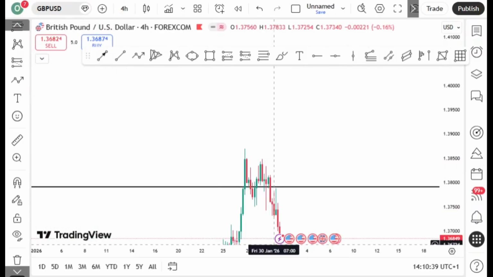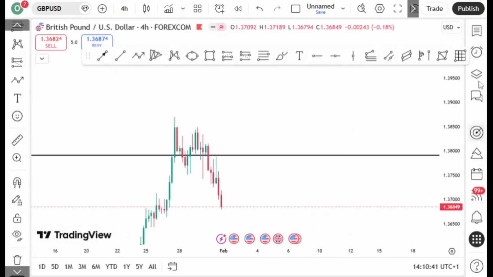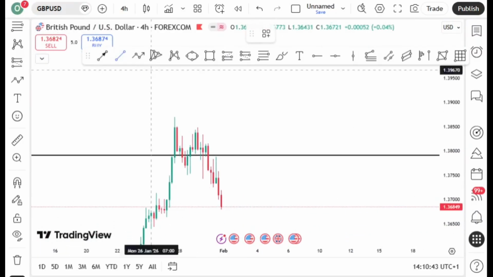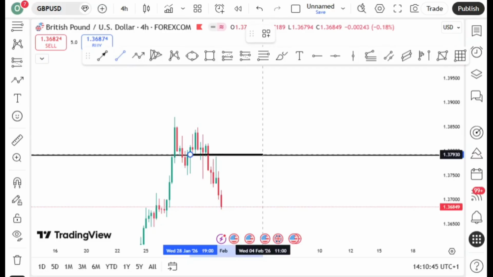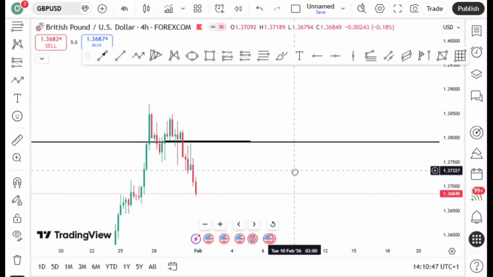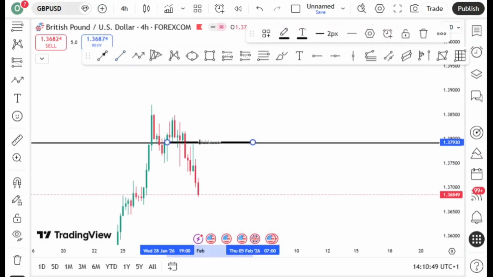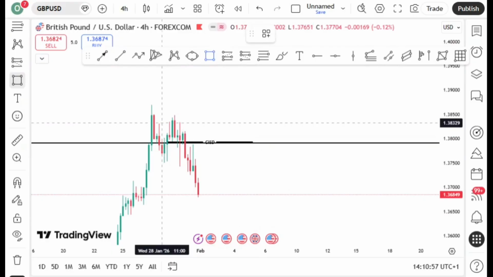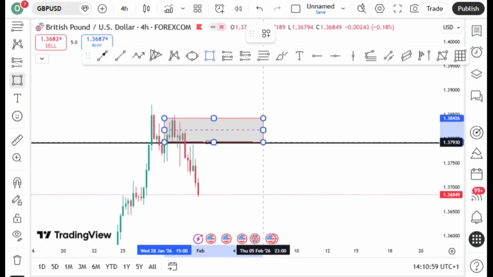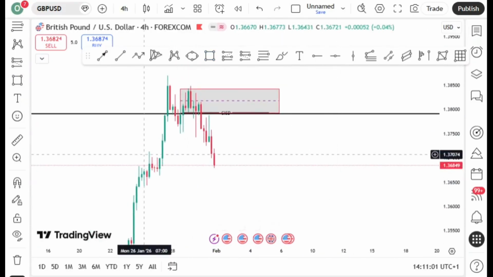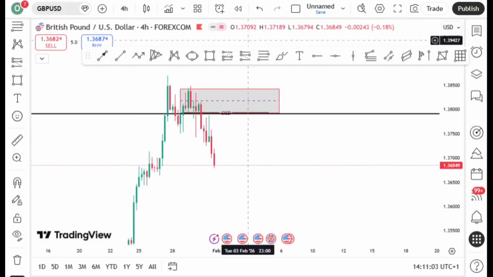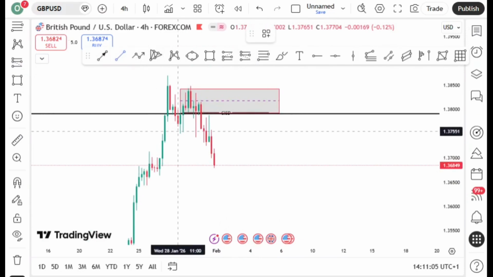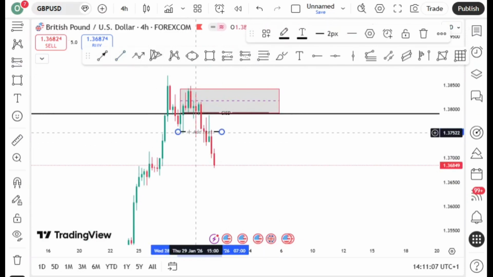On the 4 hours already, I actually have this same area which we have our buy side liquidity taken. I actually have my change in state of delivery there already. So here is actually a point of interest for me, and we have a break in market structure in here, BMS.